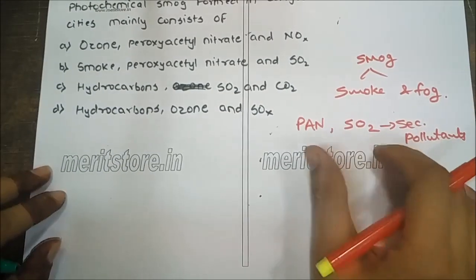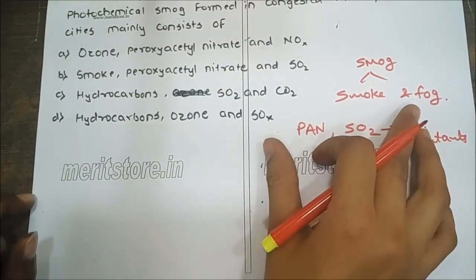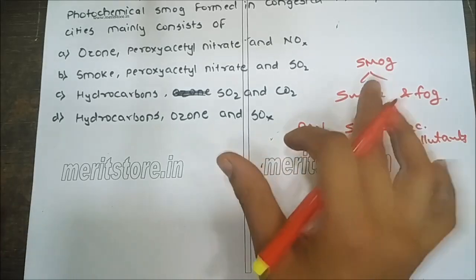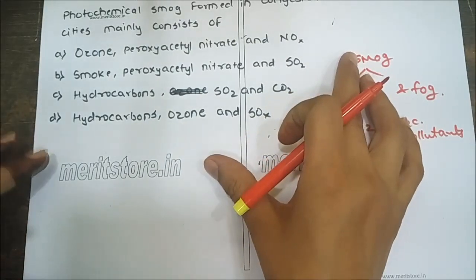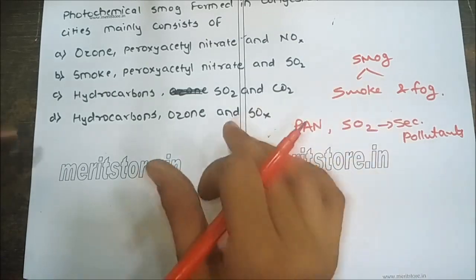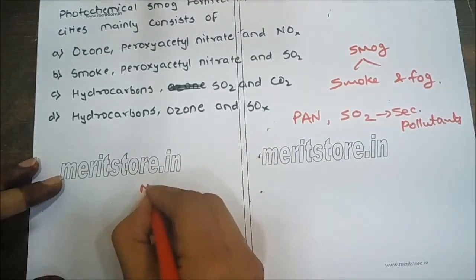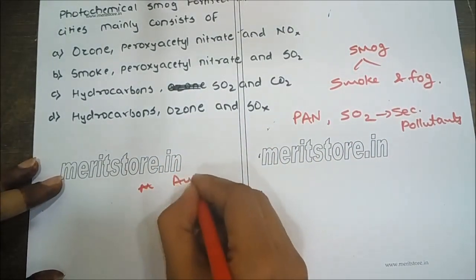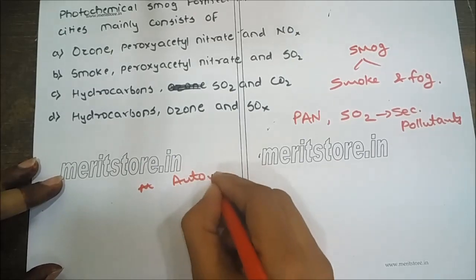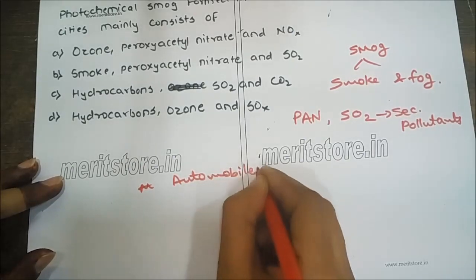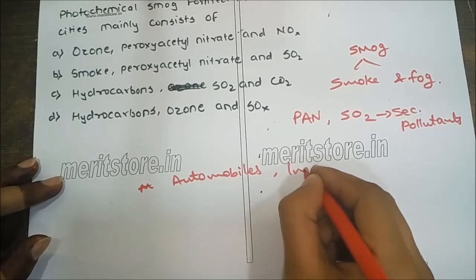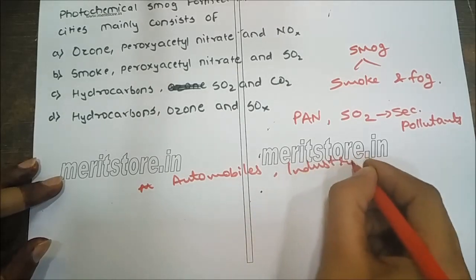and these secondary pollutants will cause the photochemical smoke in metropolitan cities, because metropolitan cities are rich in automobiles, factories, and industries.